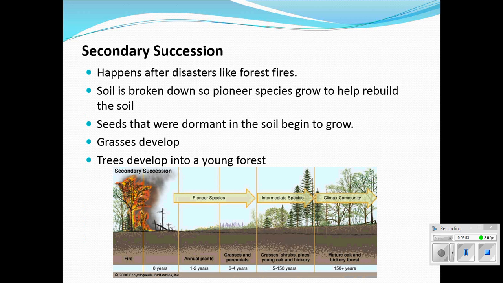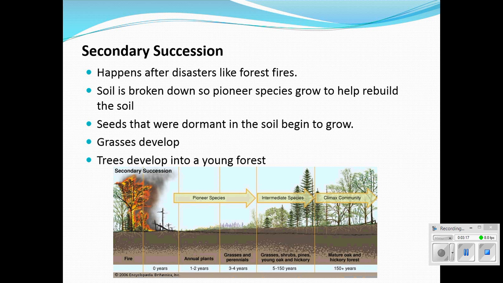So then secondary succession. So the soil stays with secondary succession. It happens after disasters like a forest fire. But the soil is broken down so pioneer species can grow and help rebuild the soil. So the seeds that were dormant in the soil begin to grow, and then eventually grasses develop, and then again trees develop, and then it becomes a young forest again.